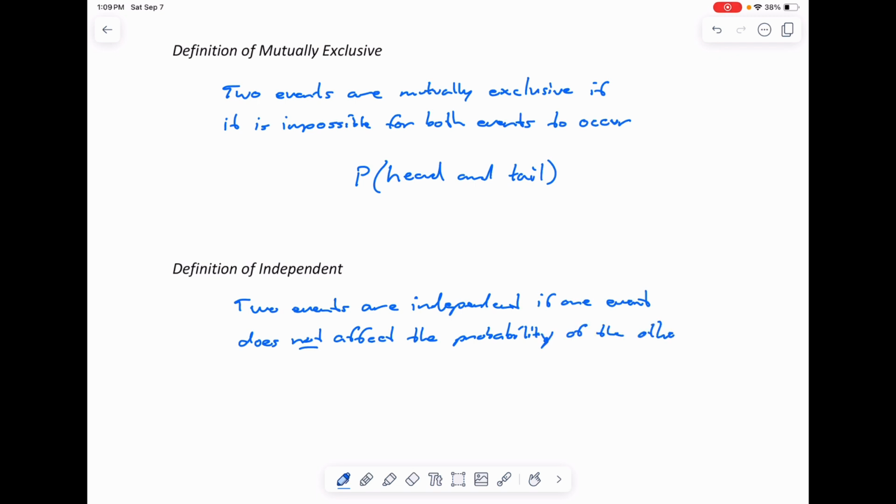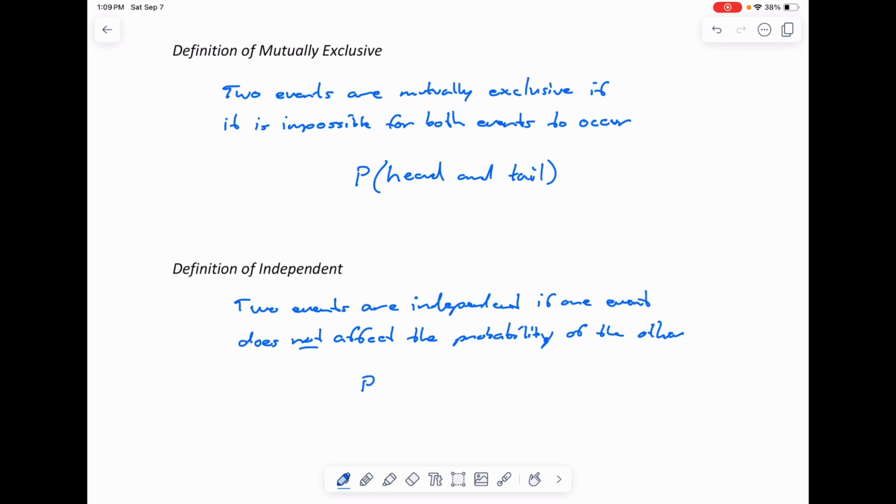So take, for example, flipping a coin and rolling a die. When I flip a coin and roll a die, and I'm looking at the combined outcome of those two things, a head and a 4, a tail and a 6, whatever it might be, those are independent events because the outcome of the coin has no bearing on the outcome of the die. Likewise, the outcome of the die has no bearing or effect on the outcome of the coin.